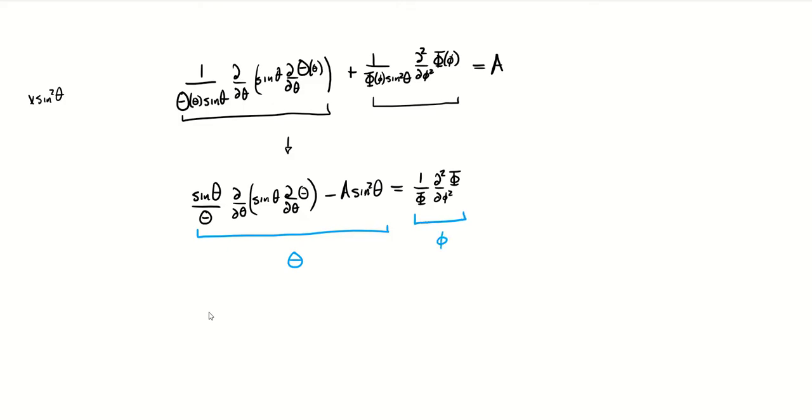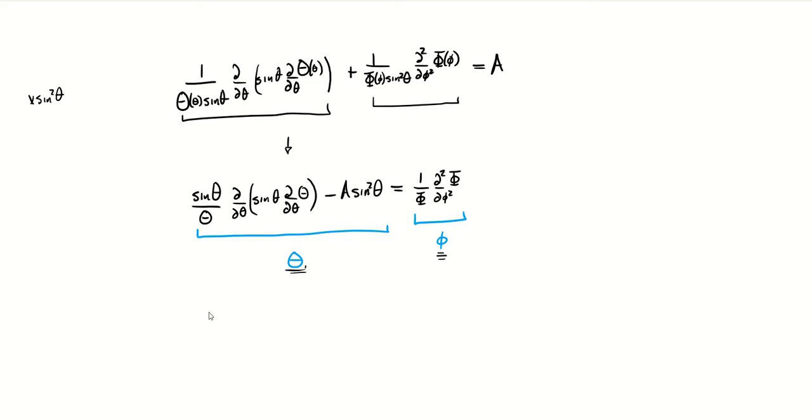And again, the same sort of reasoning. This equation we've got is true for all theta and phi. So you can imagine going to a different polar angle, but staying at the same azimuthal angle. This has to be true. So if we change our theta and keep our phi constant, this side is changing a bunch and this side isn't, which means they both have to be equal to a constant, right?